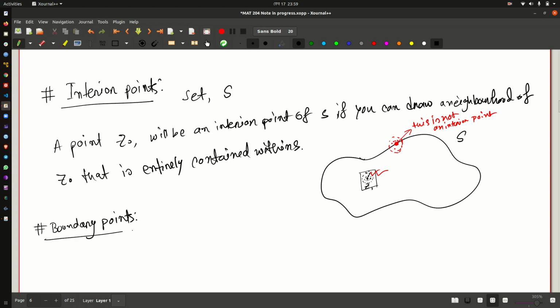These boundary points are these points, this one right over here, that you take a point and then you draw a neighborhood, and you see that some points are inside this set and some points are outside this set. If a point exhibits this kind of behavior, you can call those points boundary points.